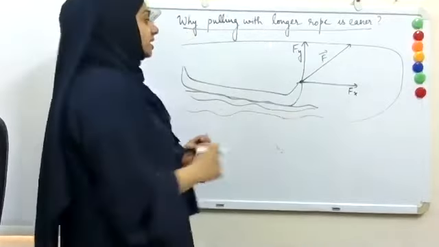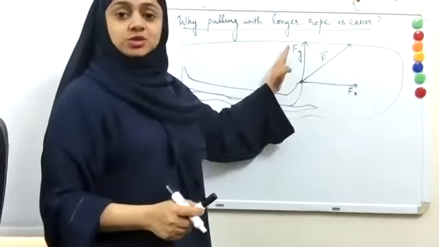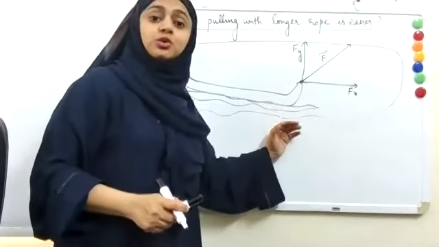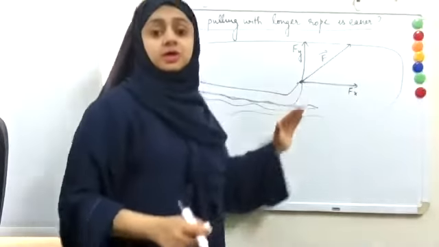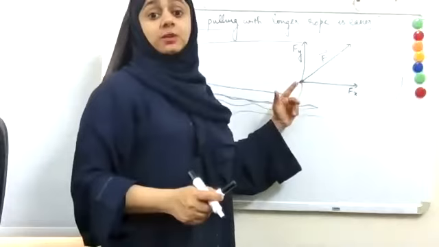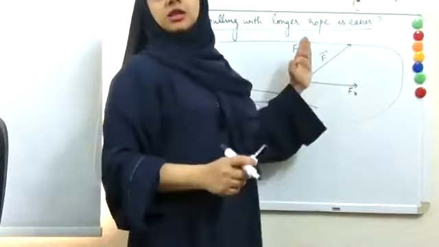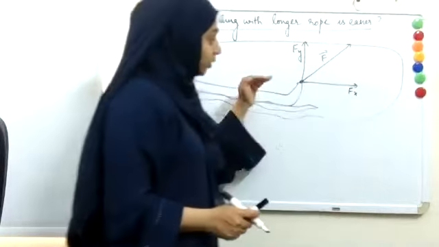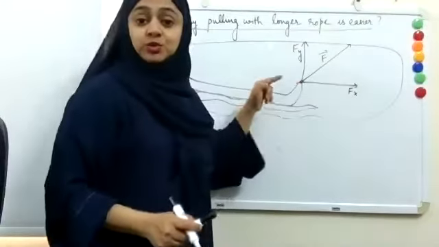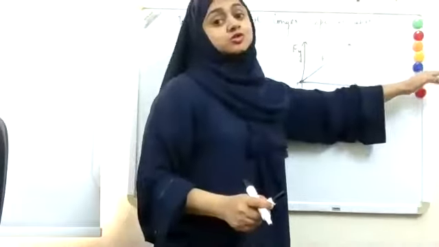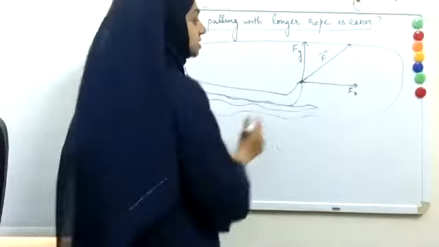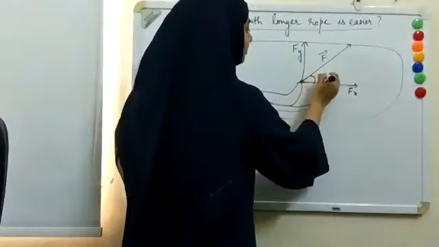So Fy, the vertical component of force, will help to lift the boat from water. It will act along with the upthrust and this force will lift the boat from water. And the horizontal force is that which will help the boat to come to the shore. Suppose this angle is theta.